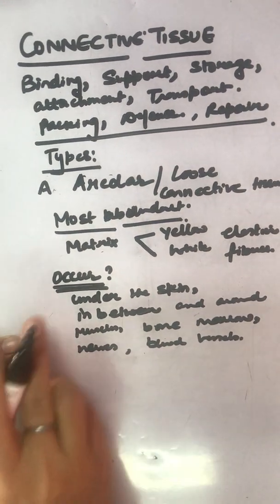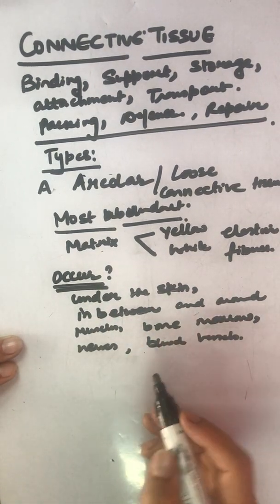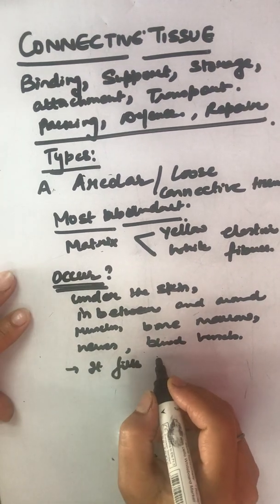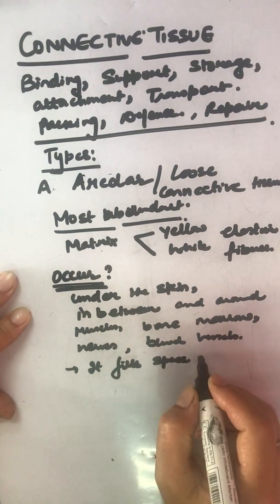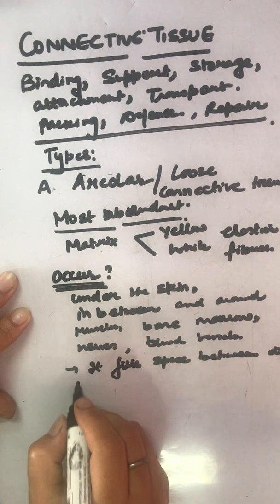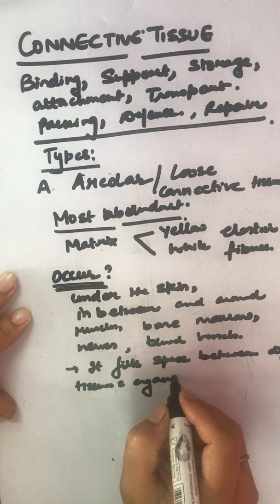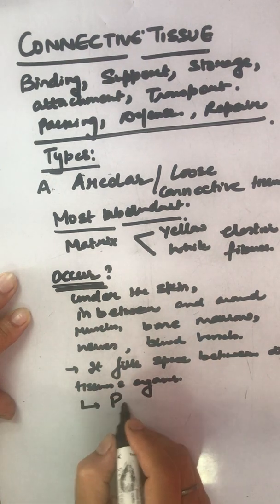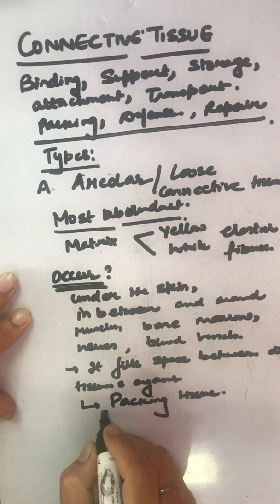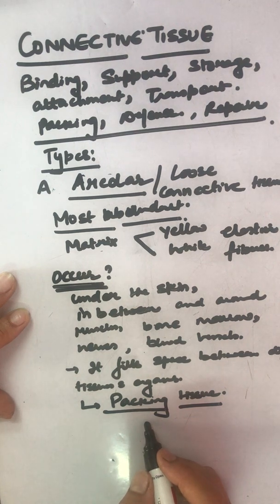What is the basic function? What it does, it fills space between different tissues and organs. Hence, we have given a specific name to it, that is the packing tissue. So, areolar tissue is also known as the packing tissue.